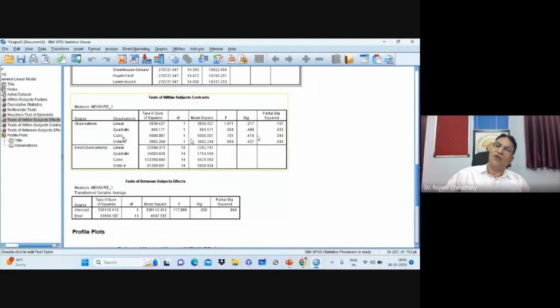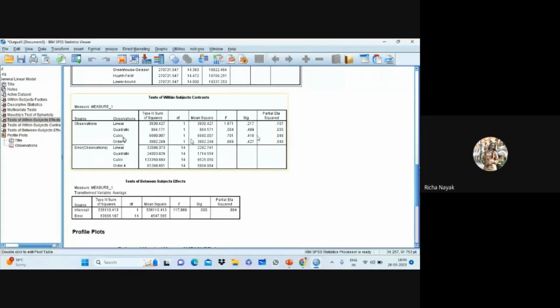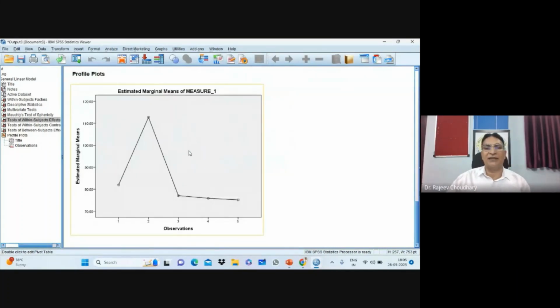Since overall trend is insignificant, so all these trends are insignificant. Is it okay? Yes, sir. This seems to improve, but this is not significant improvement. This is the comparative analysis of all observations: pre, mid 1, mid 2, mid 3, and final.